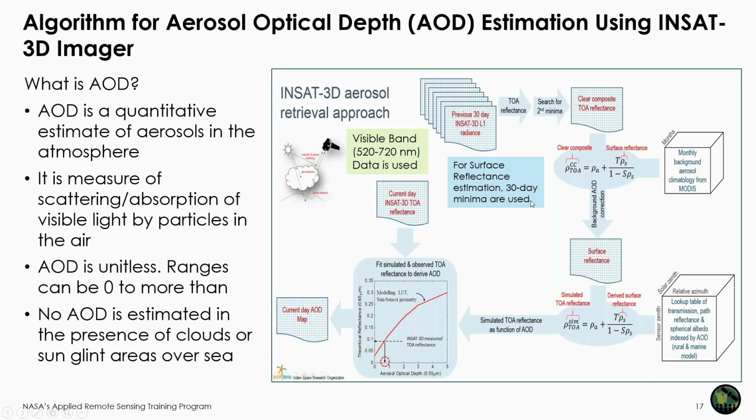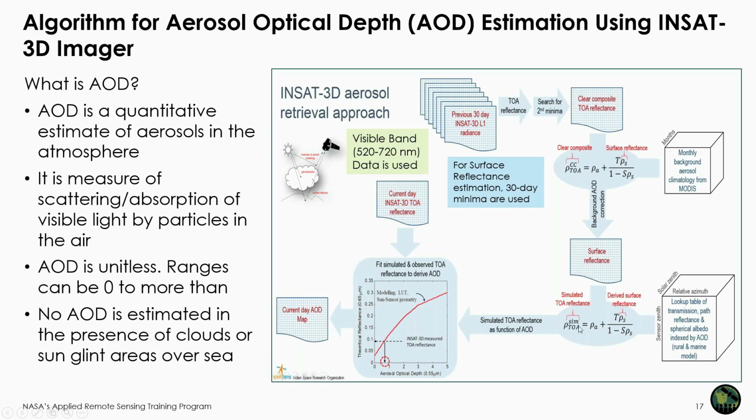And once we have the surface reflectance, we can do the modeling for the aerosol scattering, and then generate the surface reflectance images and create lookup tables using simulation models like 6S, etc., for path reflectance, surface spherical albedo, etc., considering different types of aerosol models.